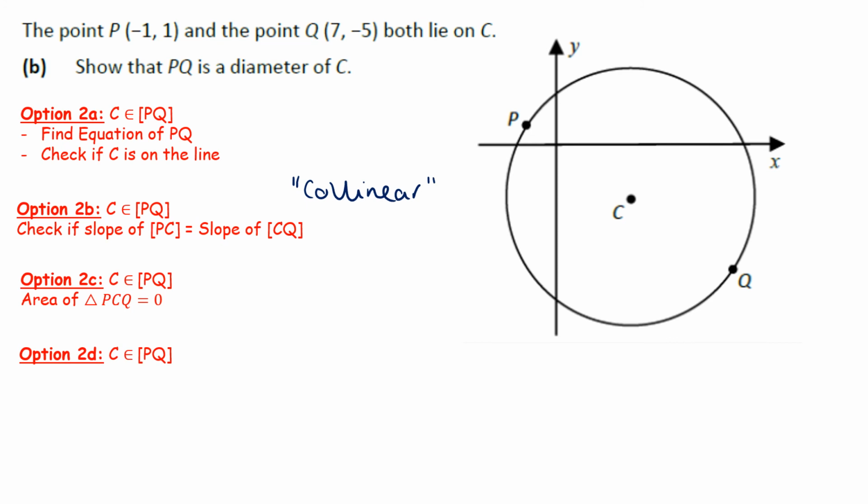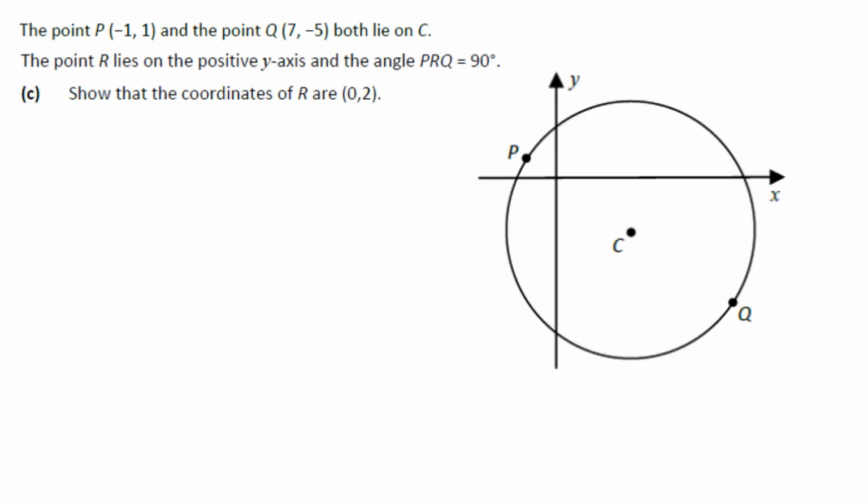And the final method is finding the equation of PQ, like we did in option 2A, but then using the perpendicular distance formula at the top of page 19 to find the distance between point C and the line PQ. When that's 0, we'll know that C is on that line PQ. Again, these are all other methods to show that PQ is the diameter of that circle.